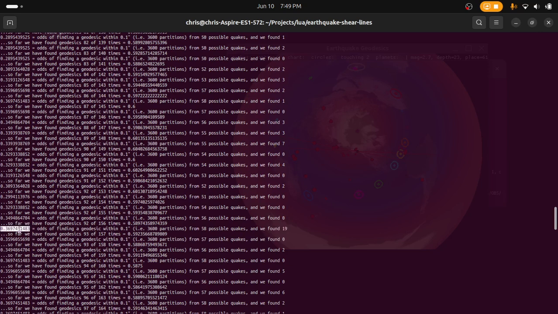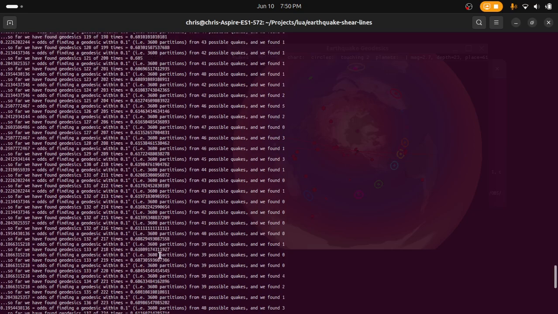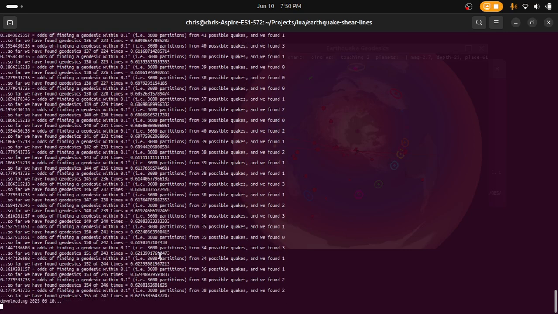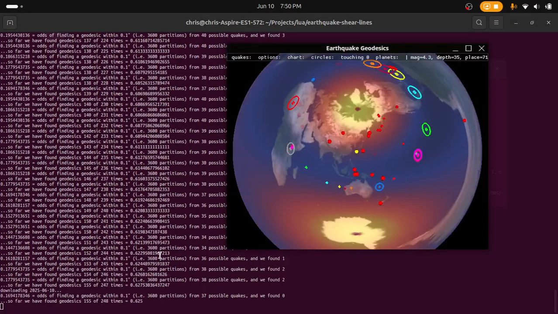36.9% is the odds of finding one pair. We found 19 pairs. The odds of finding 19 pairs out of 58 is probably a lot smaller, and we're still beating it because we're getting 60% true, right? So 60% of the time we are seeing a geodesic through our tighter constraints, right?